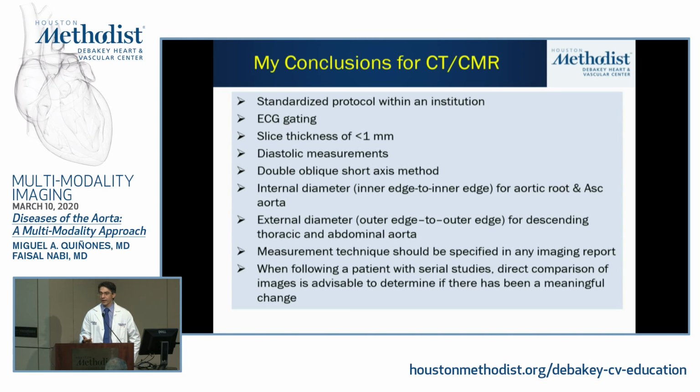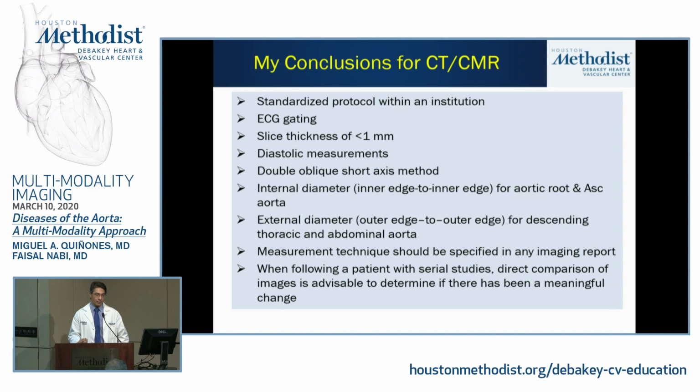That way you'll have more isotropic voxels to be able to do the double oblique. I think we should do diastolic measurements. We should do the double oblique short axis method as is recommended by the societies. I feel since we have very good correlation with echocardiography, that we should be measuring internal diameters for the aortic root and ascending aorta.